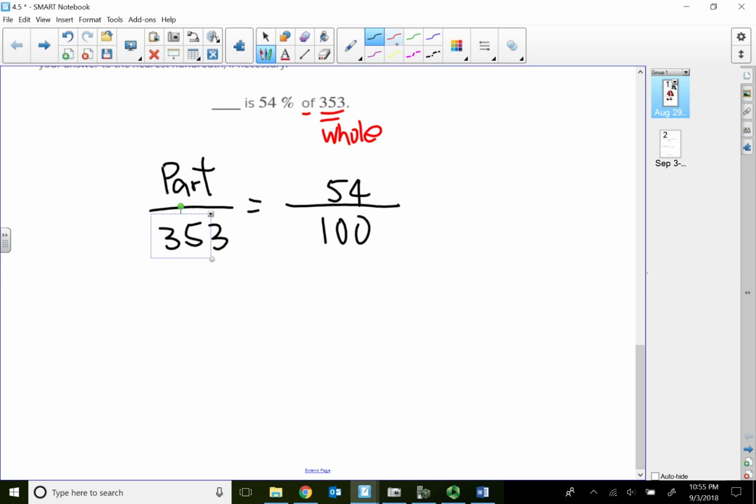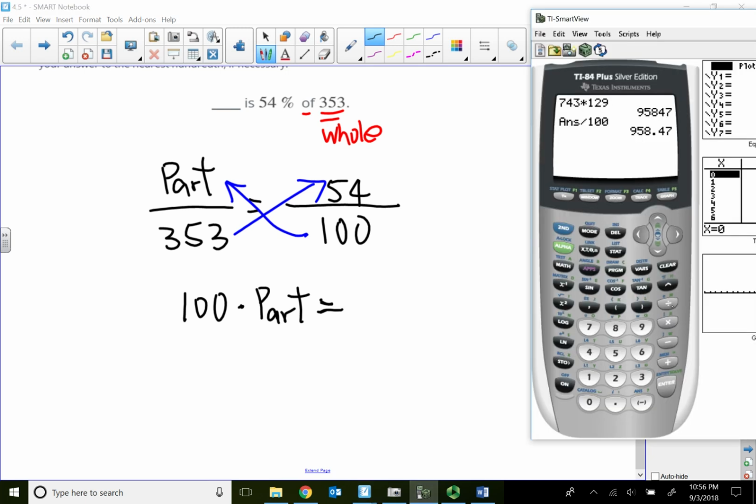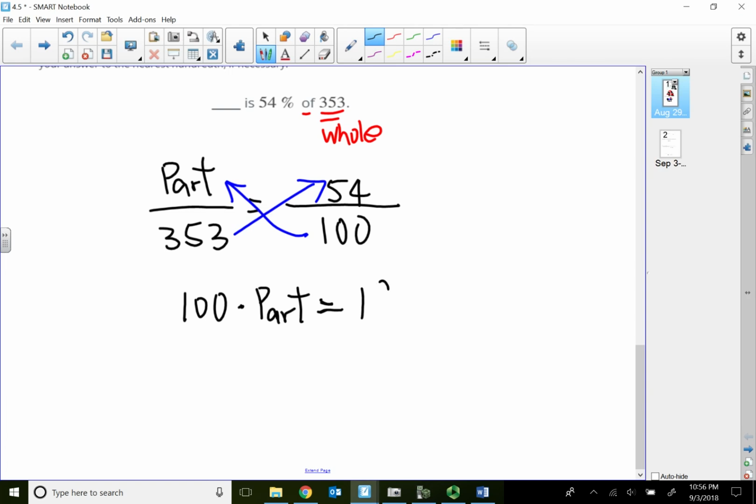All right, so another cross product: 100 times part, or you can set x right here, either way, set it equal to 353 times 54. 353 times 54 is 19062. All right, divide both sides by 100.